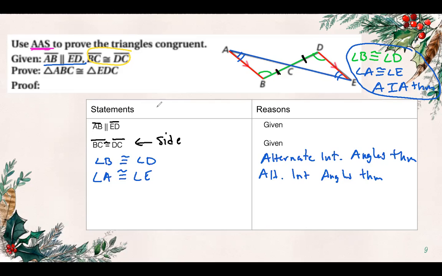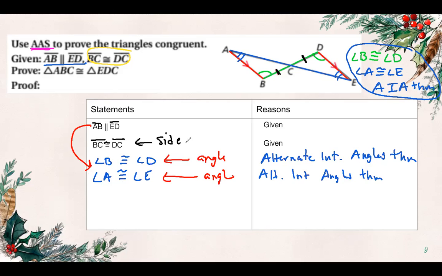Again, that's because we have parallel lines. So you could sort of think about this as this idea is helping us say these two things. Because we have parallel lines, we know we can use alternate interior angles. These are our angle congruent statements.